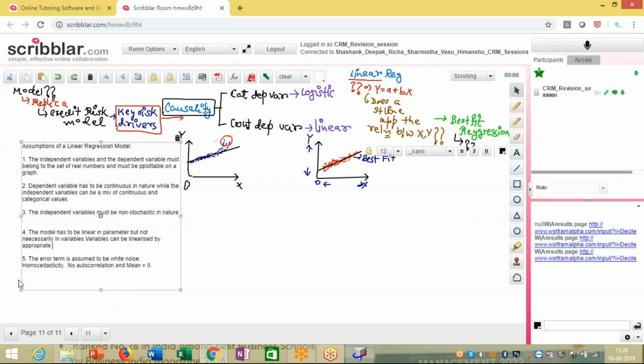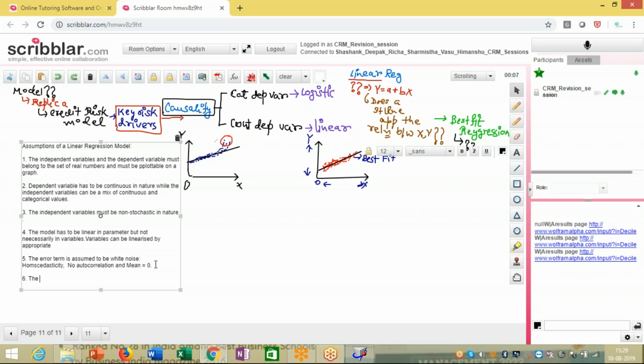Okay. And finally, another last but not the least, the dependent variable is to be normally distributed. Though I would not put this as an assumption because this can be derived from the fact that the error term is a white noise.